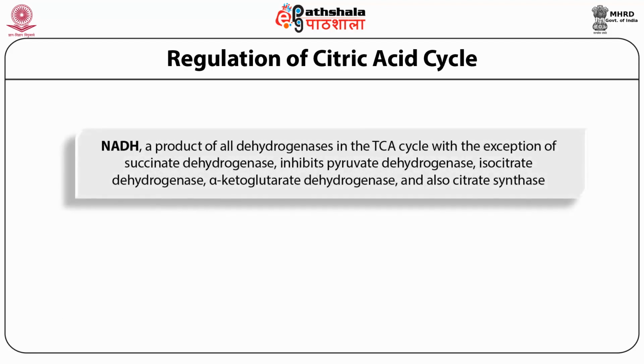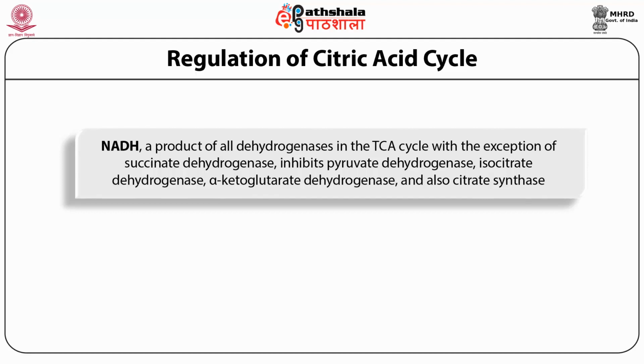NADH, a product of all dehydrogenases in the TCA cycle with the exception of succinate dehydrogenase, inhibits pyruvate dehydrogenase, isocitrate dehydrogenase, alpha ketoglutarate dehydrogenase, and also citrate synthase.